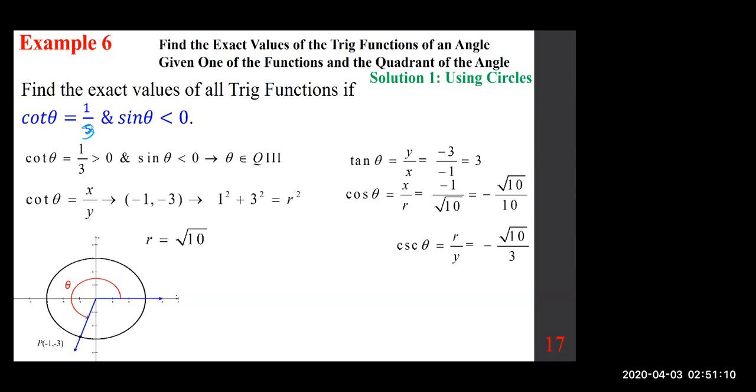Okay, 1 over sine. The order, I'm not too crazy about the order. Sine is y over r. The order is not the way I wanted it, class. Okay, so in any event, I hope everybody is clear. The order wasn't, it should be, but finding the answers shouldn't be a big deal.